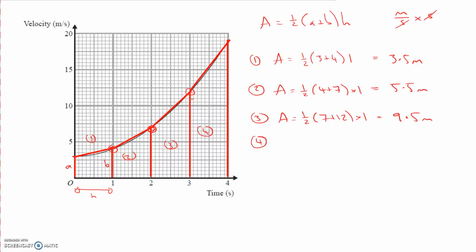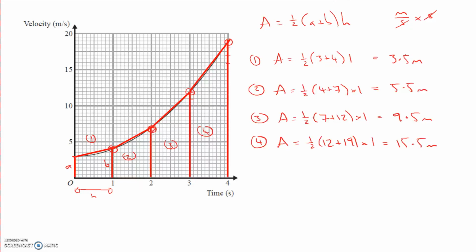And trapezium 4, we've got area equals half of 12 plus 19, times our height of 1. So 12 plus 19 is 31, so we've got half of 31. It's 15.5.